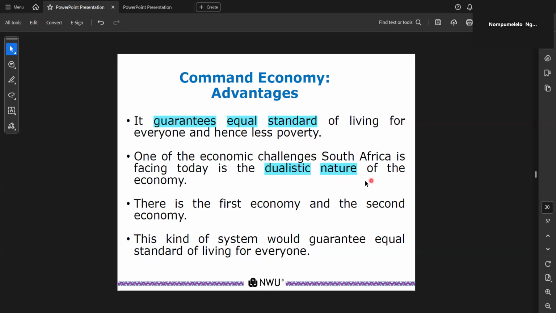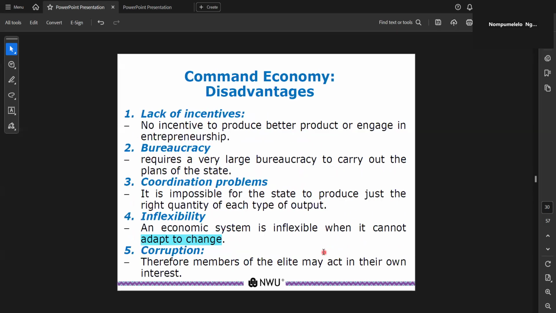So in South Africa, we have a dualistic nature because we have two classes of people, wealthy people and poor people. There's the first economy and the second economy. This kind of system will guarantee an equal standard of living for everyone. So one thing to remember here is that the advantage of the command system is that the government provides all the resources to everyone equally, therefore there's an equal standard of living for everyone, which means that there's less poverty.